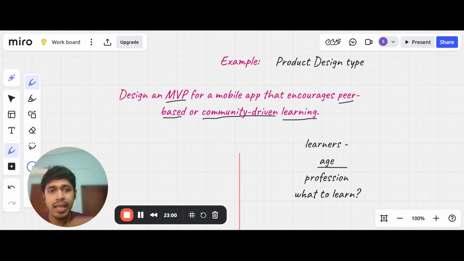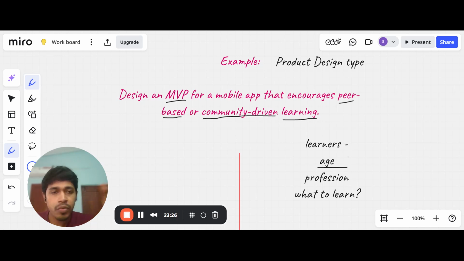Teenagers will have issues like how do they trust the members in the community, right? So for parents, there should be some kind of parental control. If the users are college students, they might be looking for something very specific, like they want to learn something to get a job, right? Probably that's how it works.